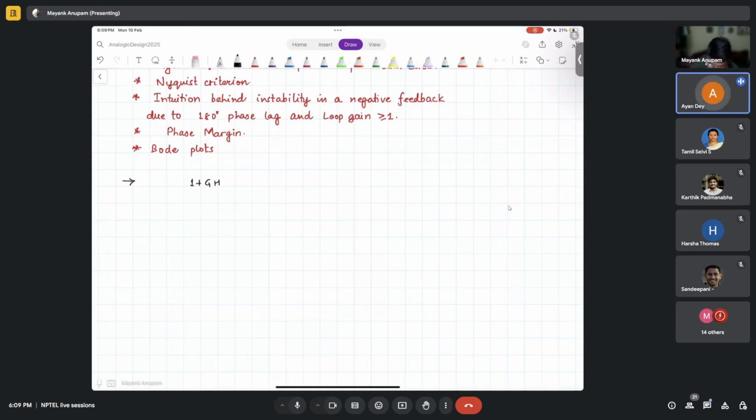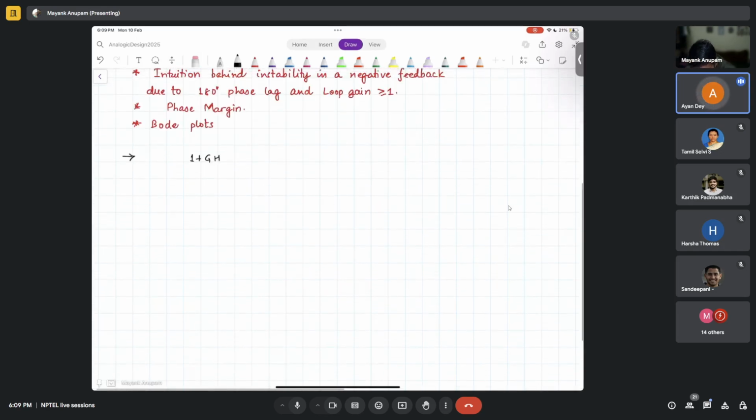By doing that, we can know the crossing of the j omega axis. After that, sir mentioned the condition that the pole will lie on the j omega axis, that p2 equals omega u loop by 2.